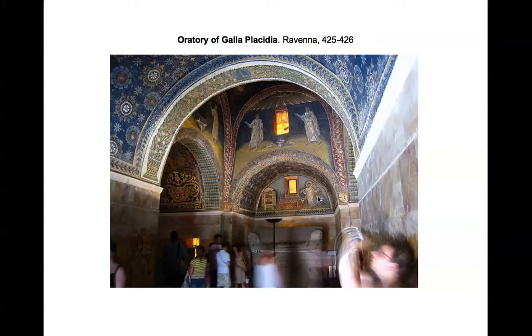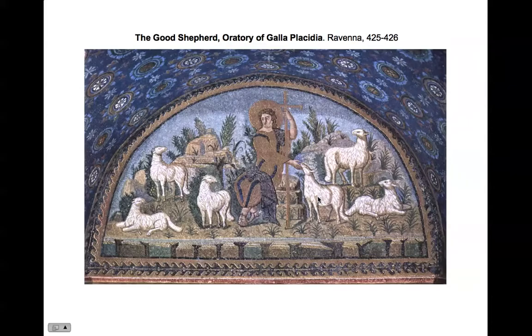So here is an image of Jesus inside the Oratory of Galla Placidia. It reveals that Jesus is now an imperial king with a purple robe and a golden robe and a halo, which is related to the emperors. And he no longer has a shepherd crook. He actually has a cross in his hand.